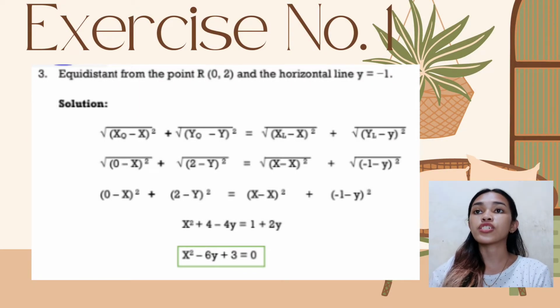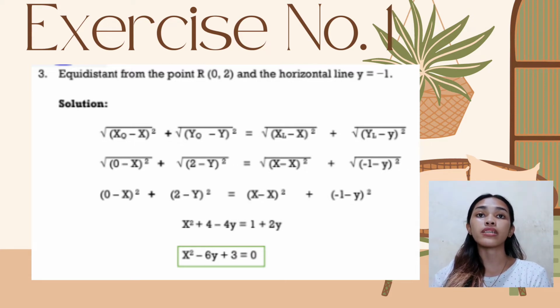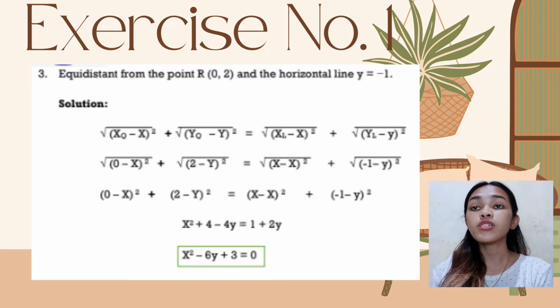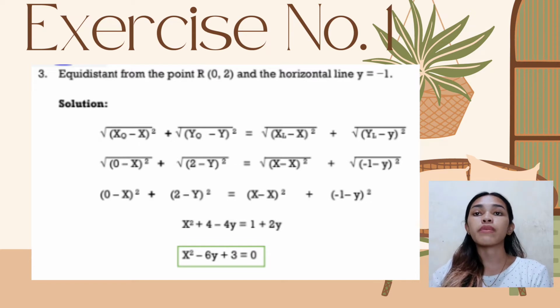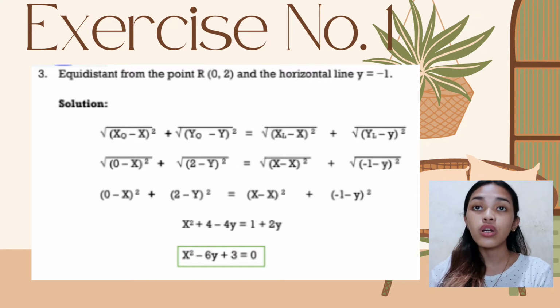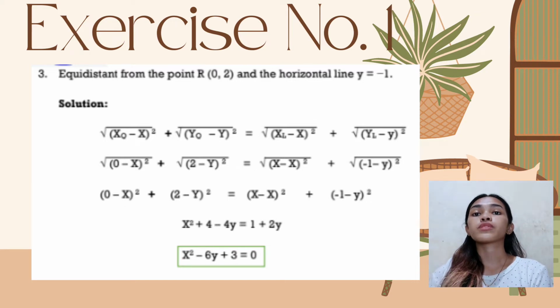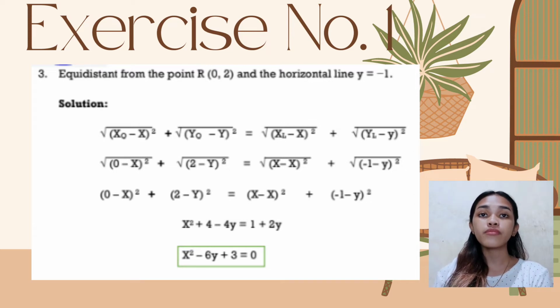And the last condition is equidistance from point R, which is 0 and 2, and the horizontal line y is equal to negative 1. The solution for this one is square root of x cubed minus x squared plus square root of y cubed minus y squared is equal to xl minus x squared plus square root of yl minus y squared.